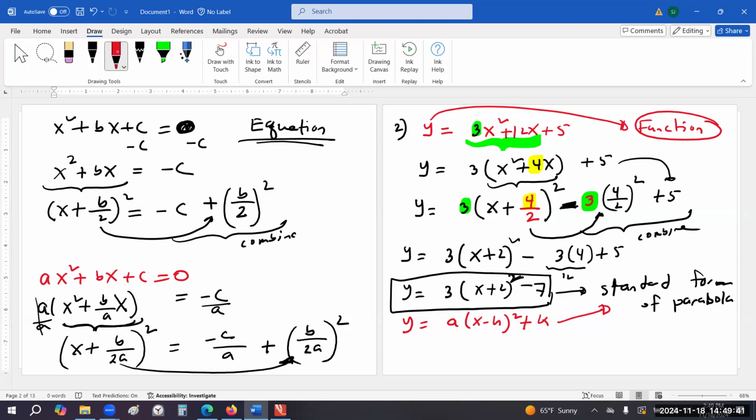That's the general format without any numbers. So from here, we can see that our negative h is 2 and positive k is -7. So the vertex is h comma k.